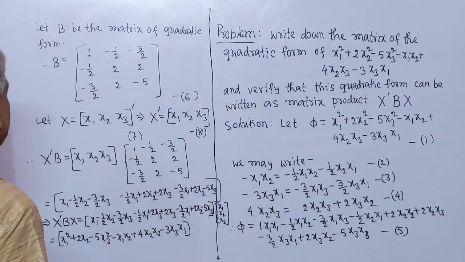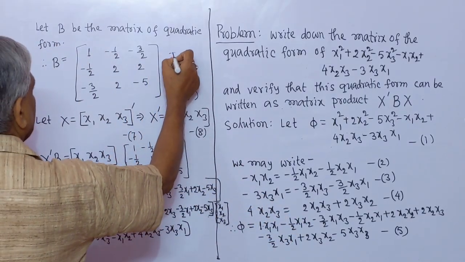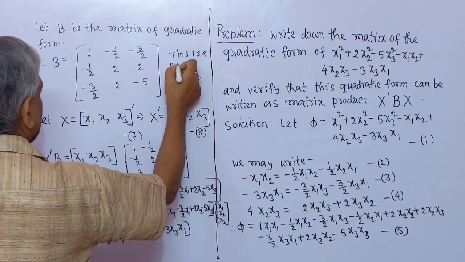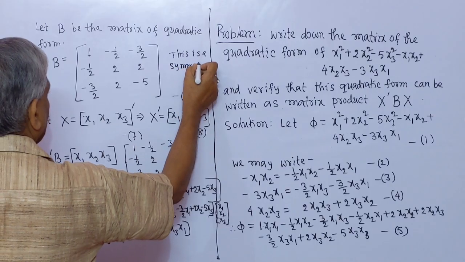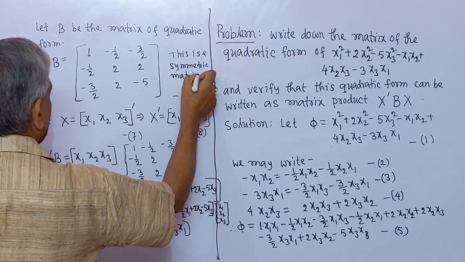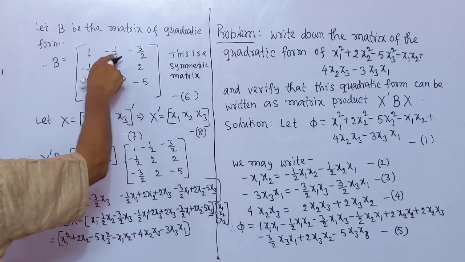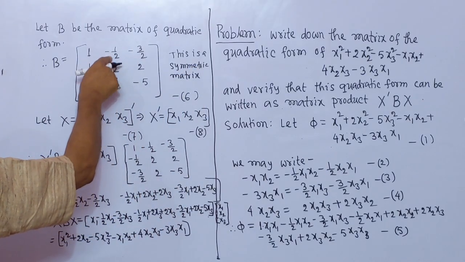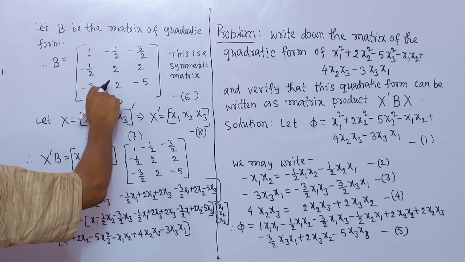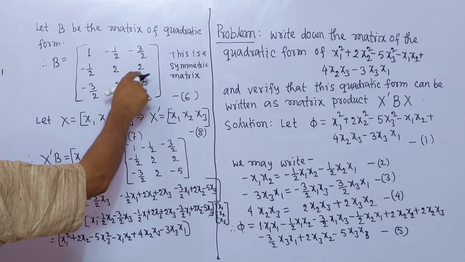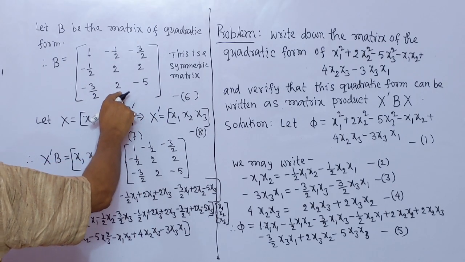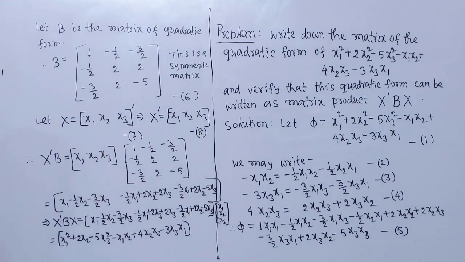And this is a symmetric matrix. Here we see that A12 equal to A21, A13 equal to A31, A23 equal to A32, and the other diagonal elements.